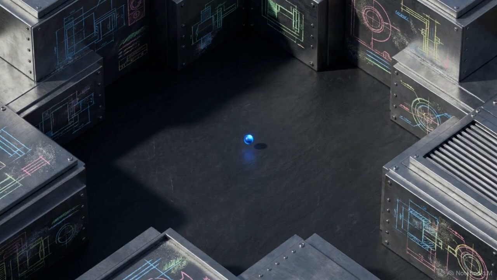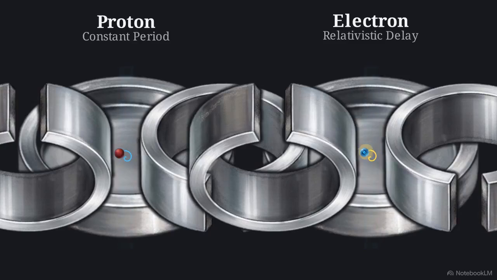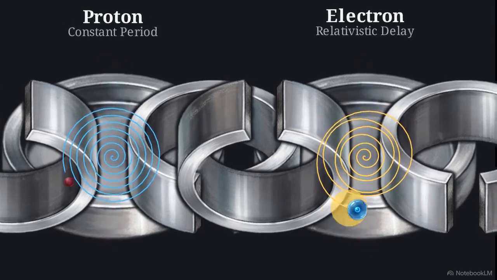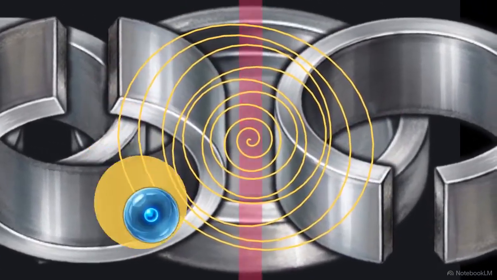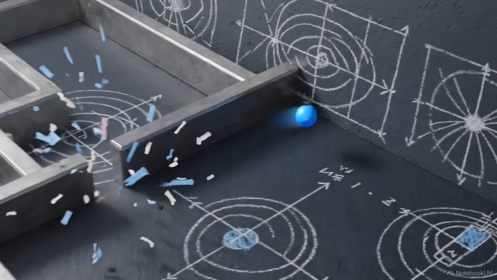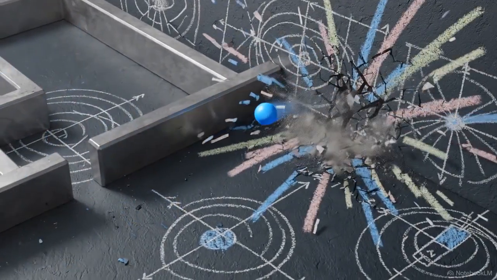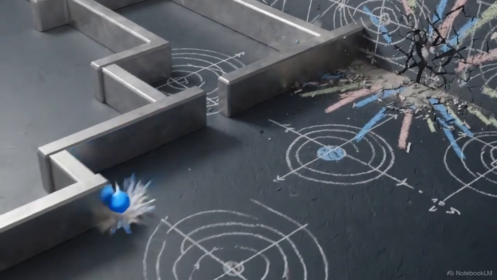This relativistic limit is most visible when attempting to accelerate very light particles, such as electrons. Because electrons have such low rest mass, they reach relativistic speeds almost immediately upon entering the machine. Their mass increases so rapidly that they cannot maintain a consistent orbital frequency. This rapid mass variation makes the cyclotron unsuitable for light particles, as the resonance condition fails nearly instantly.